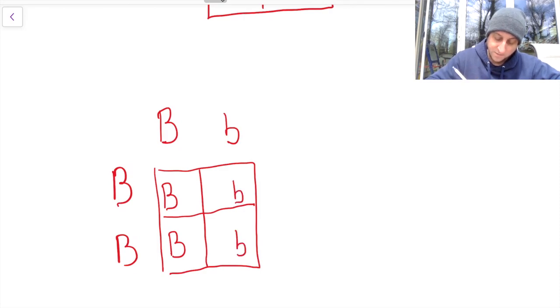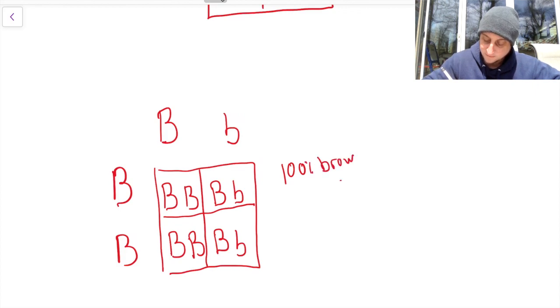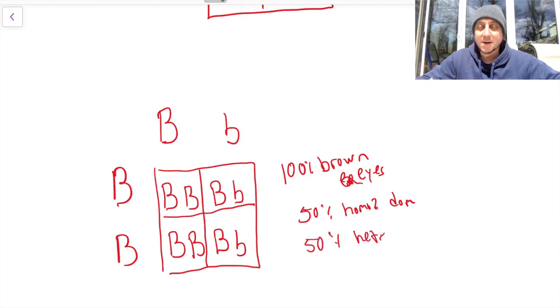I'll bring over the big B. And what do we get? We once again get 100% brown eyes. However, what am I writing there? The difference now is that 50% of them are homozygous dominant and 50% are heterozygous. Does that matter? No, but we'll come to when it matters in a minute.